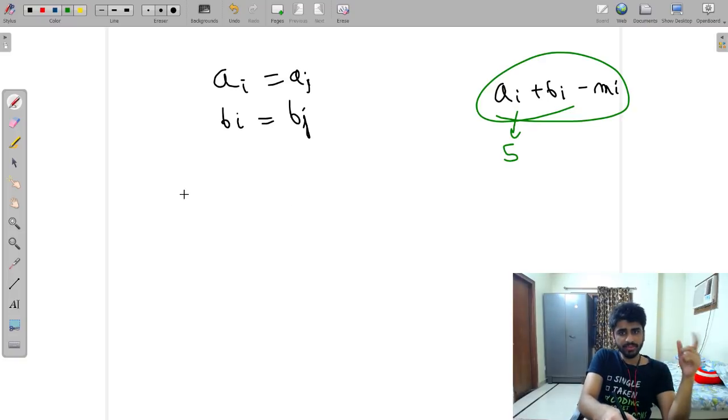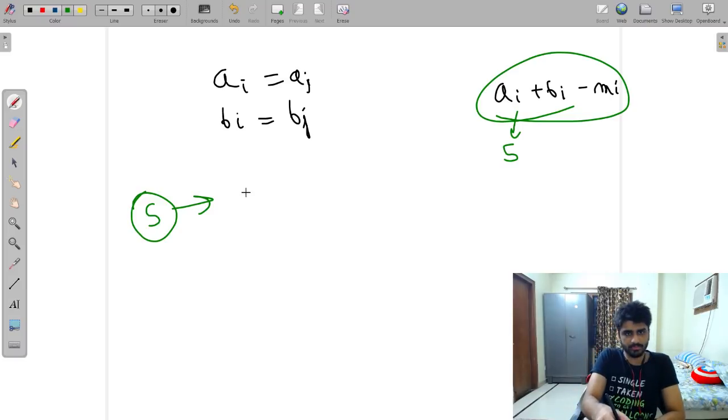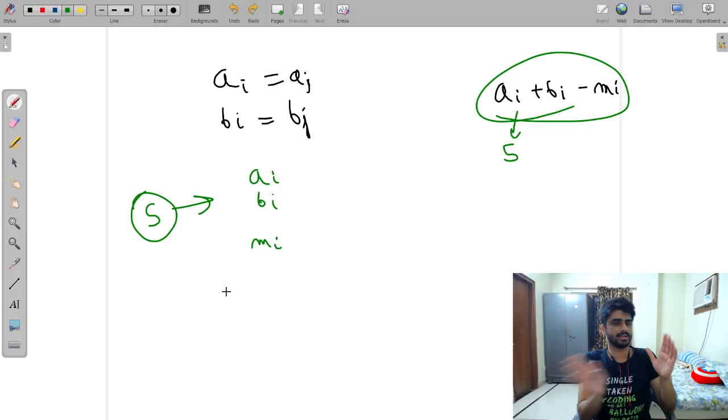Okay, so let's say we are inside a group. We are inside the group of 5, and we want to solve this problem for those. So here we have multiple dishes that have Ai, Bi, and Mi. And we know that Ai plus Bi minus Mi for all of these is the same. So if the total remaining weight of the dish is the same, then if we just get the fish equal, the meat will automatically be equal because it is just meat plus fish.